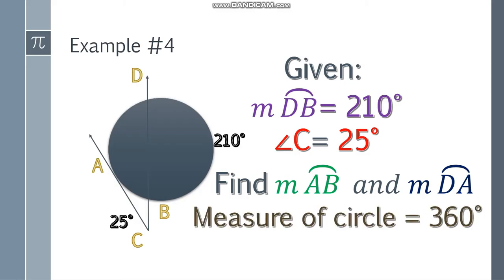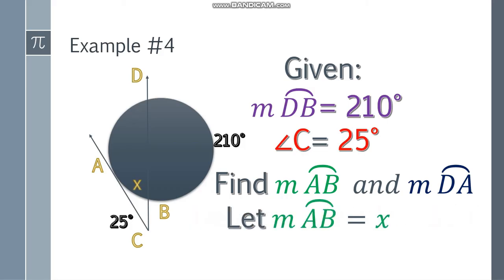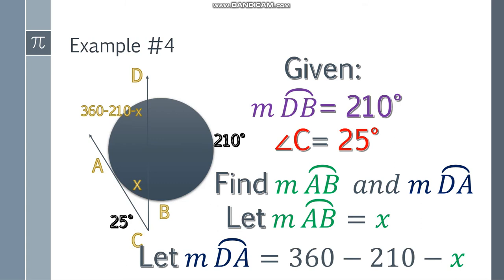So remember, the measure of the circle is 360 degrees. We may let the measure of arc AB be equal to x, and the other one will be this one. How did I come up with this term? Remember again, the measure of the whole circle is 360.